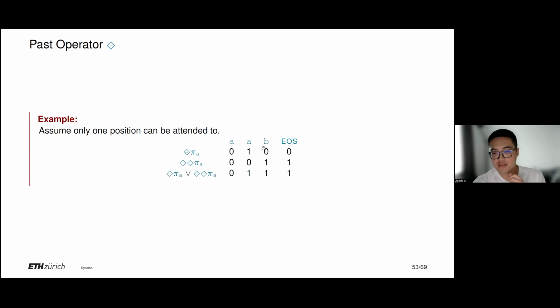But in the third position, there are 2 A before this B, which means it exceeds the maximum number of positions. So the attention weights will be zeroed out, so it's a 0. And the same goes for the EOS token. So the resulting dimension would be like this.